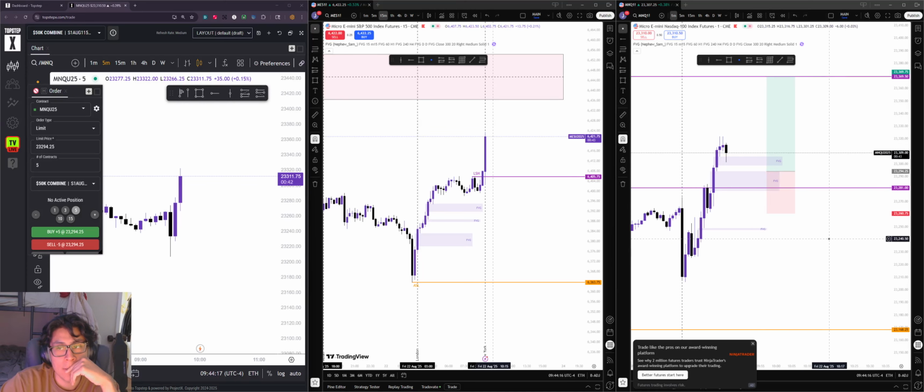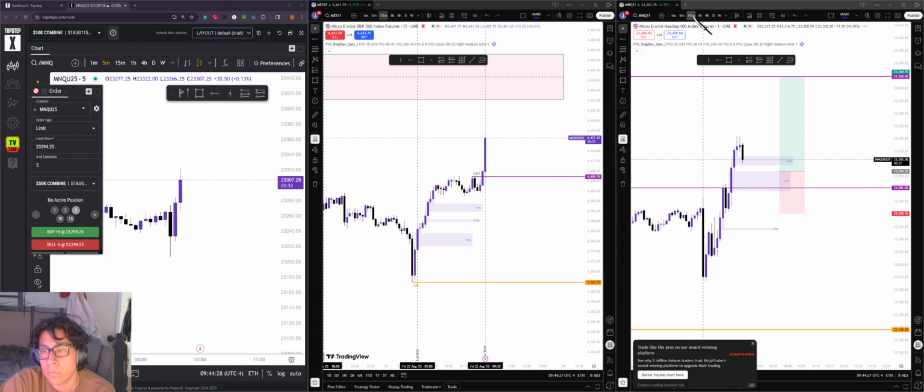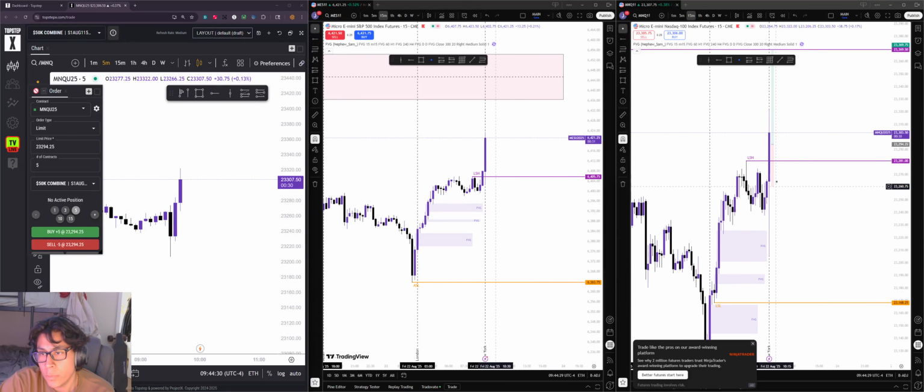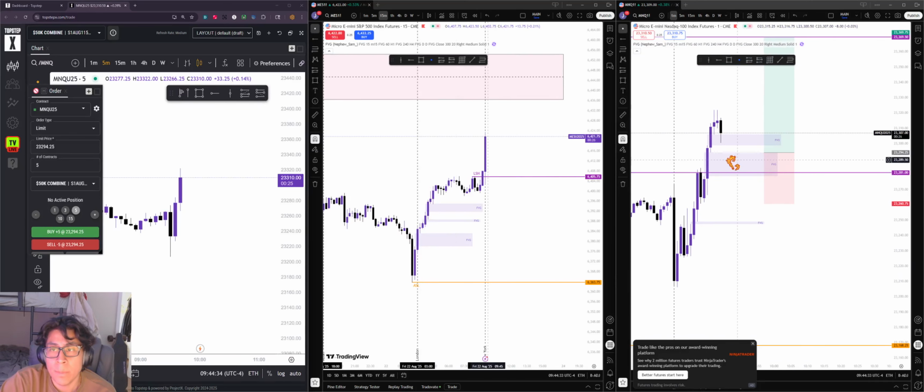Tapped in here. We took out liquidity sitting here. Honestly, I'm hoping it comes out to this level, but I'm just gonna keep it at that.